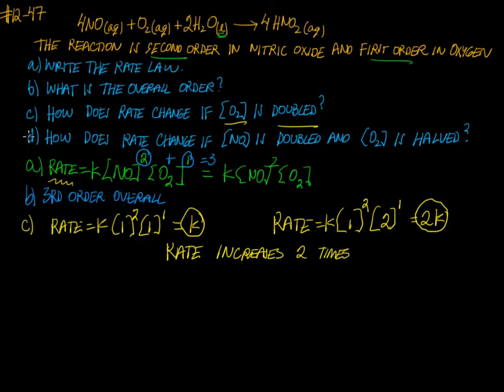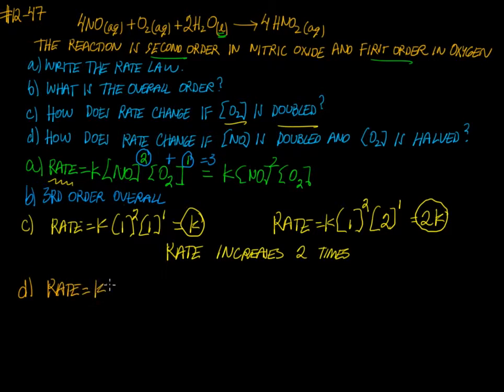Now we want to do the same thing for part D here. In this situation, we have a couple things that are changing. So again, just to be complete, I'll go ahead and write down our fictitious starting point.